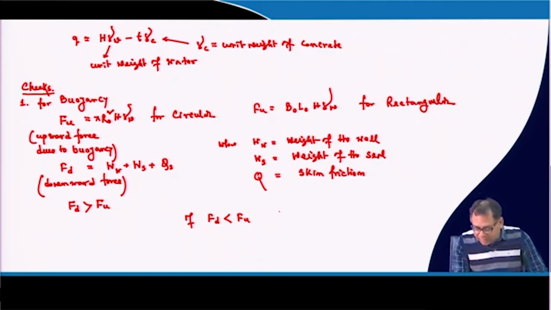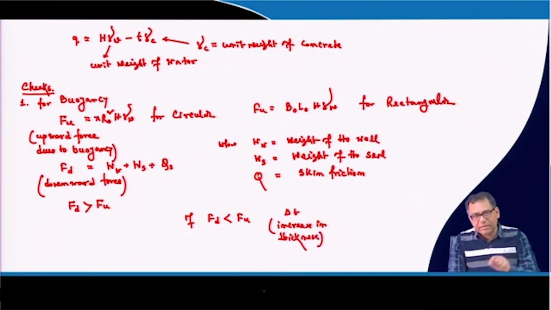So, how we will change the thickness? Then del T is the increase in thickness. So, if Fd is less than Fu, that means the upward force is greater than downward force, then we have to increase the thickness of the seal.